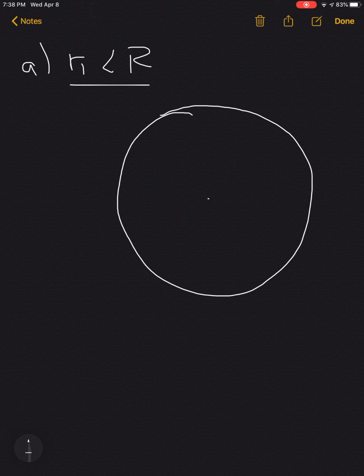Okay, so this is the center, the total radius is r, but we are interested in the radius r1. So let's deal with r1 like this, and that's going to be less than the radius r. So just draw a circle like that. We are interested in what is the magnetic field at that circle.